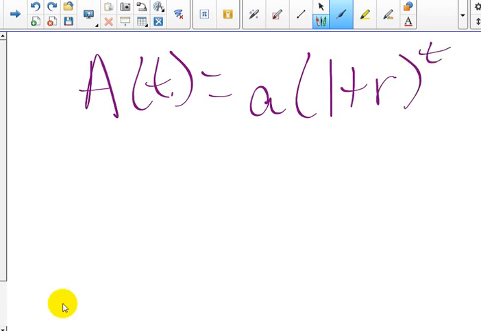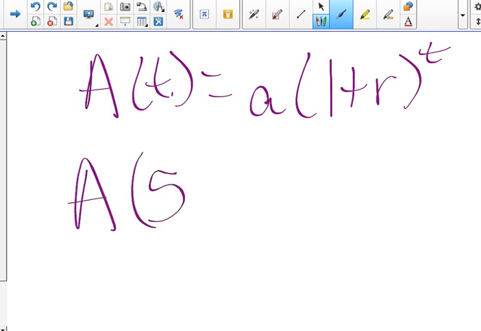Alright, so it says the population of Bainesville is 2,000. The population is supposed to grow by 10% each year for the next 5 years. How many people will there be in 5 years? So what's our t factor? 5, because that's how many years we're talking about. What's our initial amount? What did they start with? 2,000.